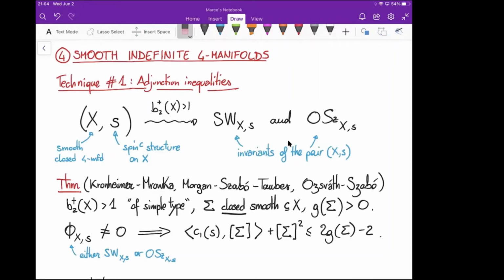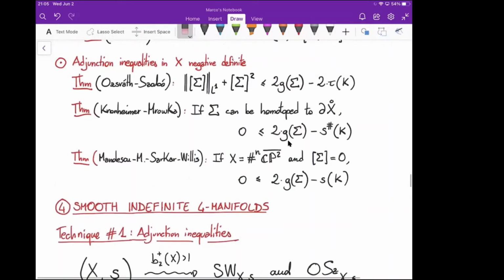If b2 plus of X is greater than 1, X is of simple type, which is a technical condition on the Seiberg-Witten invariant or the Ozsváth-Szabó invariant, and sigma is a closed, smooth, embedded surface in X with positive genus, then if either of these invariants is non-zero, you have an inequality analogous to the ones we mentioned earlier for negative definite four-manifolds.